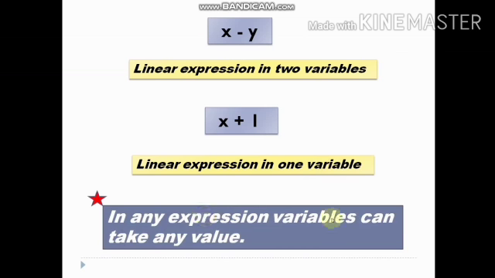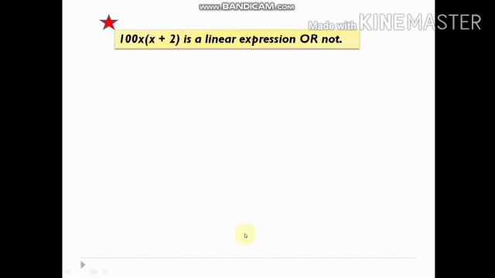In any expression, variables can take any value because the value of a variable is not fixed. Look at this expression, 100x into x plus 2. Let us check, is this a linear expression or not? For that, first we will open this bracket.